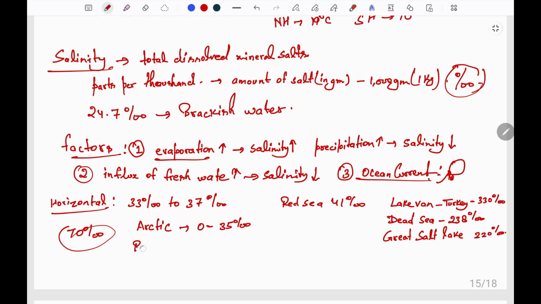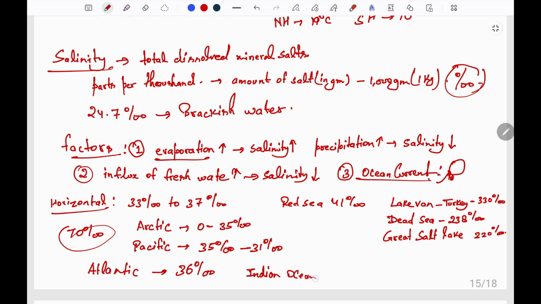And in the Pacific, it is from 35 parts per thousand to 31 parts per thousand. In the Atlantic, the average salinity is 36 parts per thousand. And of the Indian Ocean, it is 35 parts per thousand.